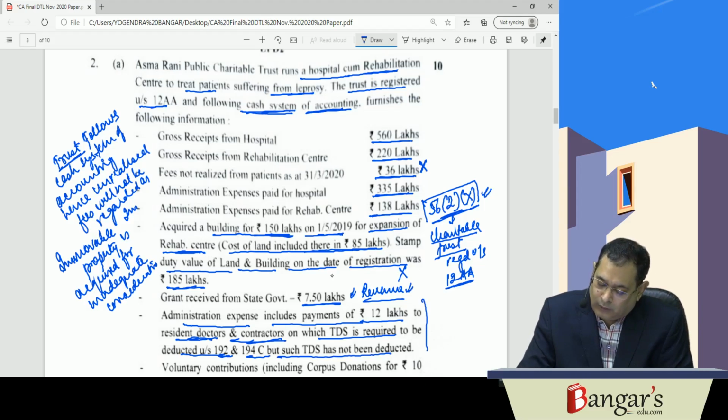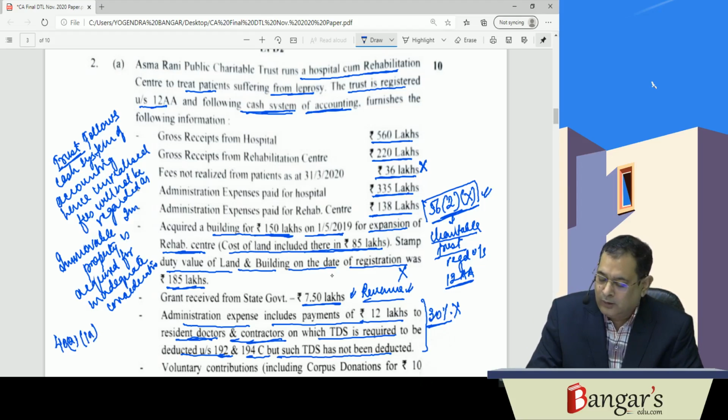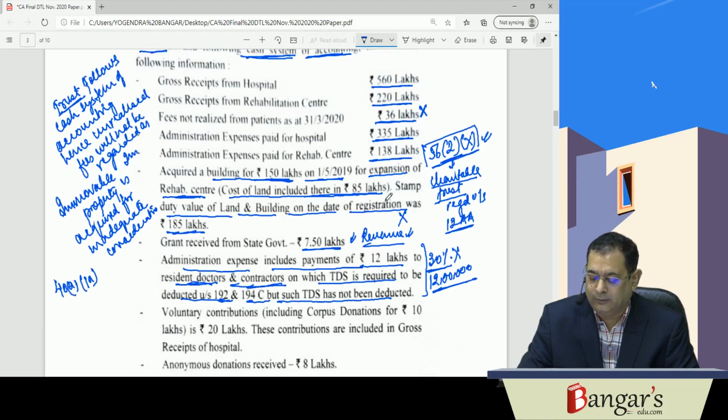So as we are aware, 30% of the said expenditure, now it will be applicable for trust also, 40A1A. 40A1A applies for trust, and 30% of such expenditure, that is 30% of 12 lakh rupees, will not be regarded as what? The application of income.